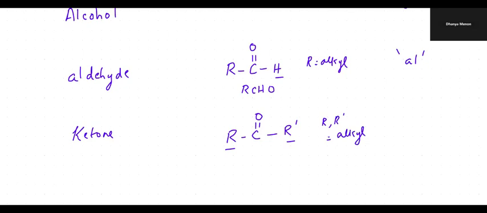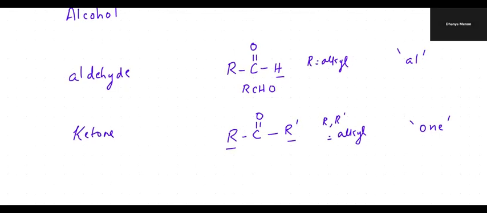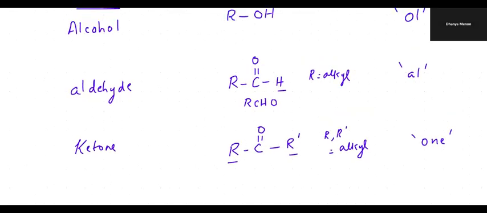And when ketone is there, we use the suffix one. So the structures of aldehyde and ketone are similar. Only in aldehyde the H is connected to the carbon, and in ketone another alkyl group or the same alkyl group is bonded to the carbon atom.